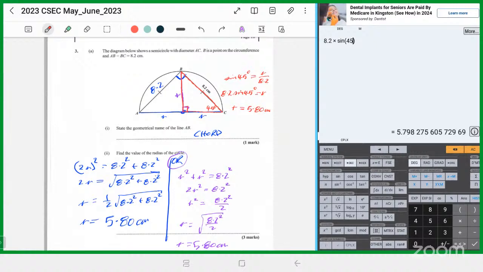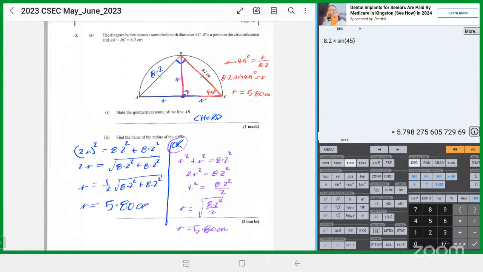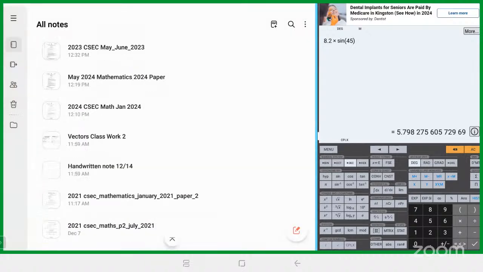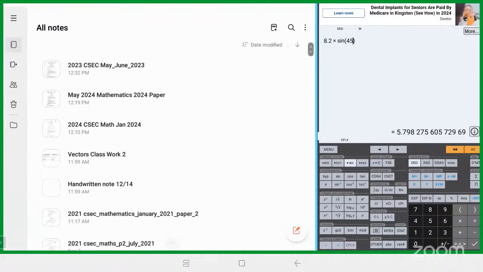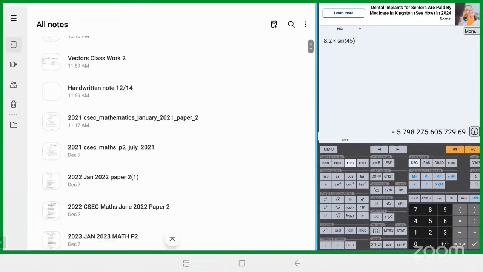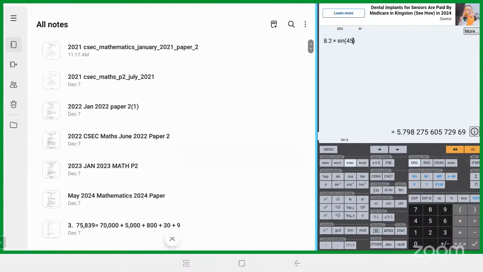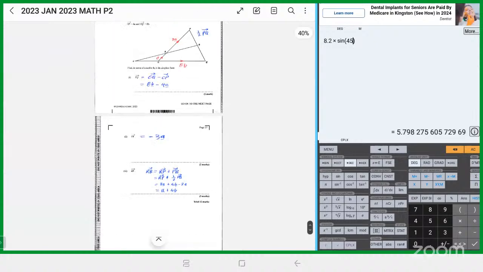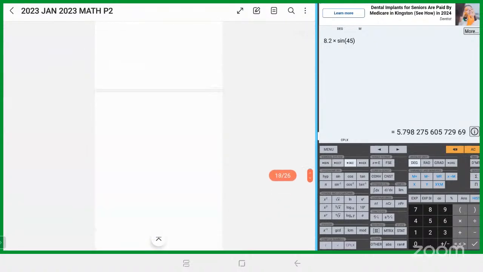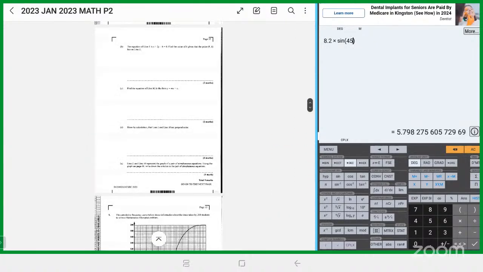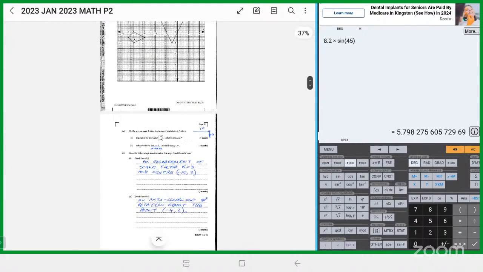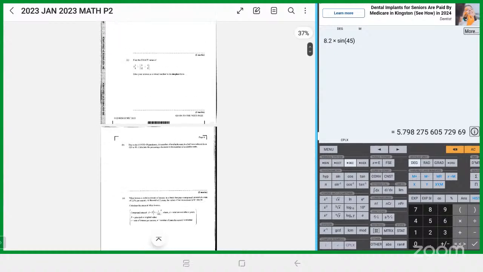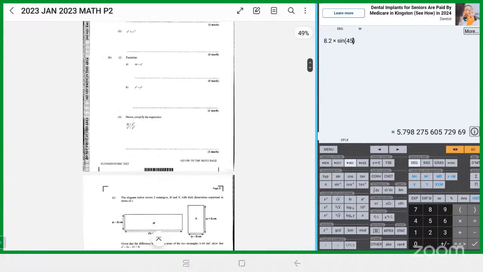All right, so let's look at January 2023. Can't find it here. Well, there was none on January 2023 like that.